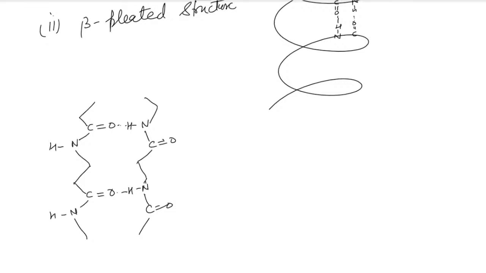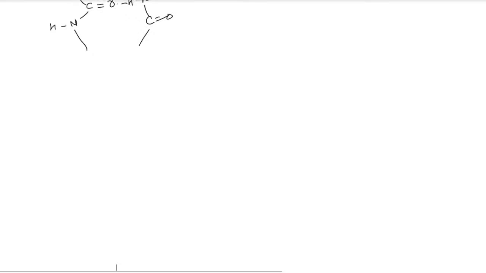This is called beta pleated, where there is intermolecular hydrogen bonding, and in the alpha helix there is intramolecular hydrogen bonding. They are stabilized by hydrogen bonding and disulfide linkage. In this case it decides only the conformation of each polypeptide chain. Okay, now come to the tertiary structure.